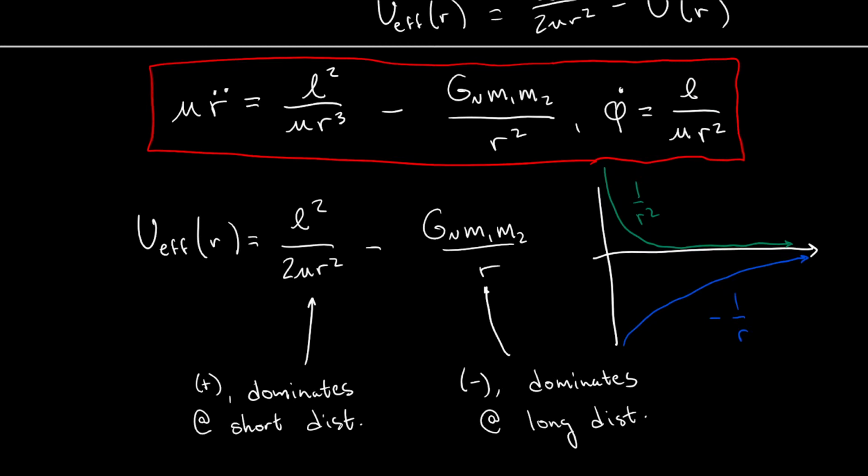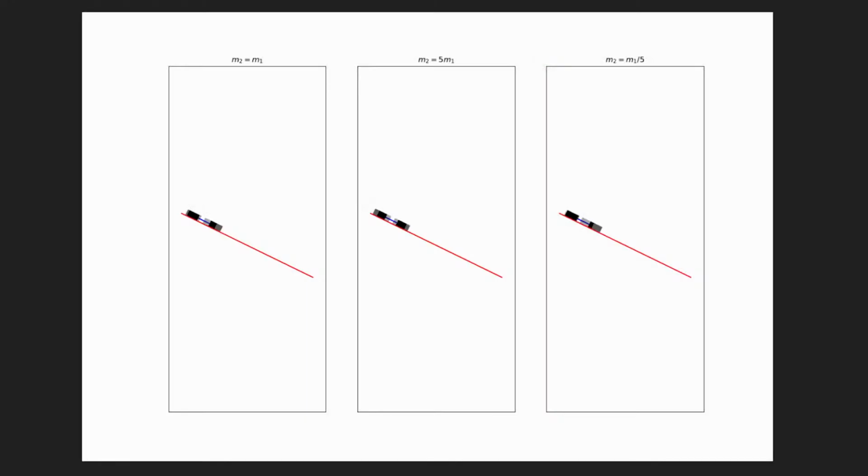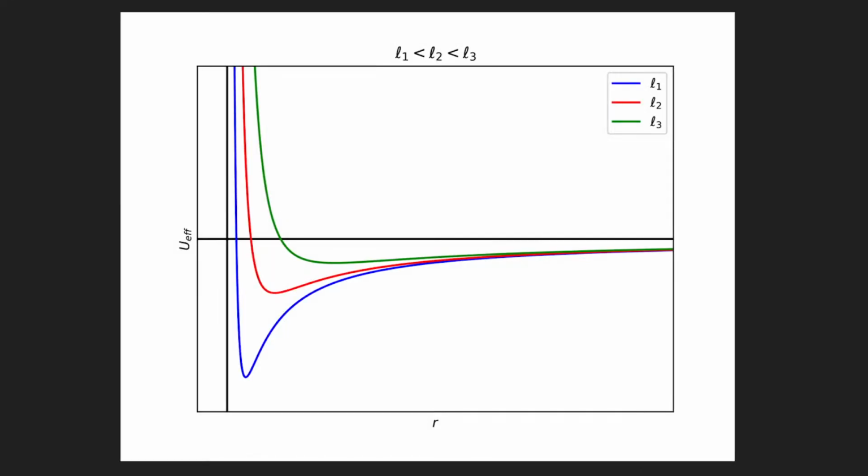In particular, these two things are competing against each other. And when we look at a plot, which let me pull that up real fast, that should be here. So here's a plot of this effective potential energy term. And so you can see that at short distances, when r gets closer and closer to 0, the positive part, which is the 1 over r squared piece, the centrifugal part, is going to dominate.